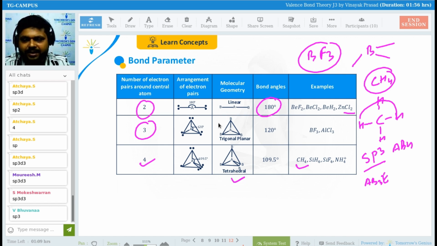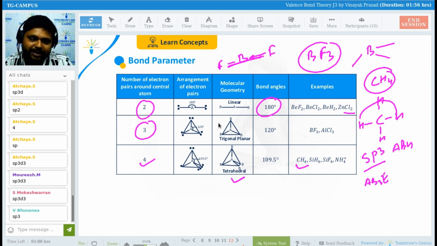One thing is clear here: if BeF2 is there, let's suppose I can join this like this, so the geometry will be AB2 type. If AB2 type is there, then it is linear, yes or no? If AB3 type is there, then it can be trigonal planar. Getting my point, everyone? Trigonal planar.